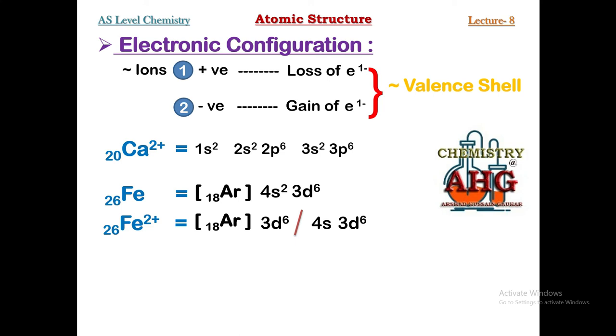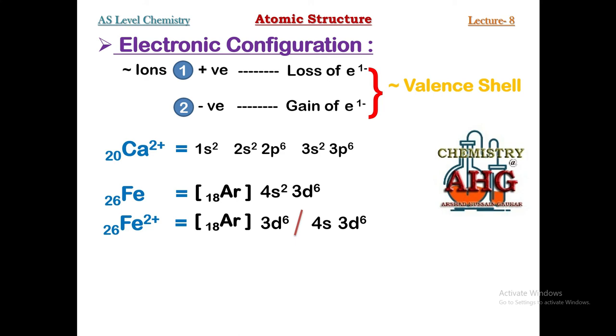This is a general fact you must remember for transition elements: 4s is filled earlier than 3d, and 4s also loses electrons earlier than 3d.